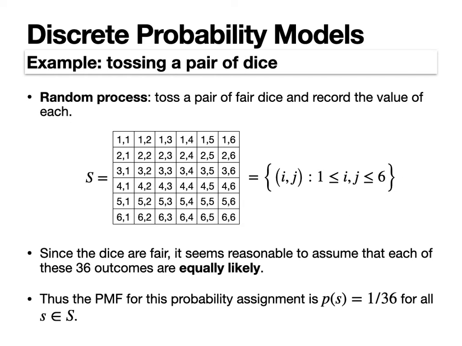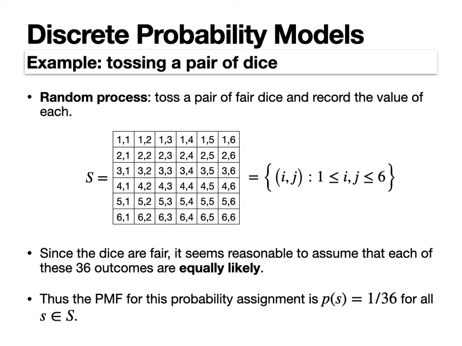Here's an example. Consider the process of tossing a pair of fair dice and recording the value on each. We've seen this before. The sample space has 36 outcomes in it. They can be represented as ordered pairs, where I is the value on the first die, and J is the value on the second die.